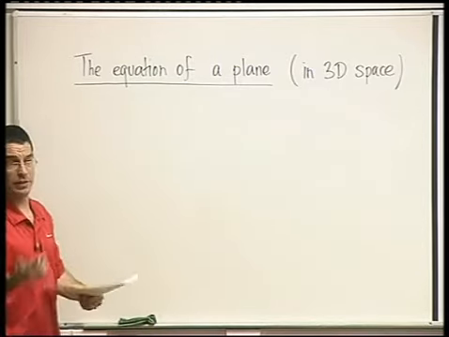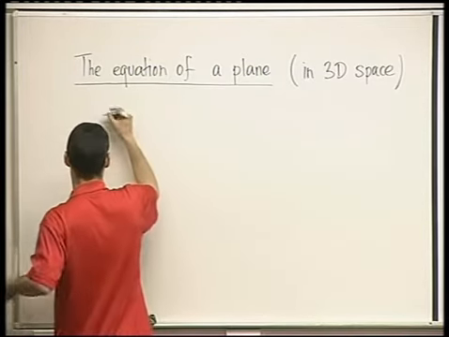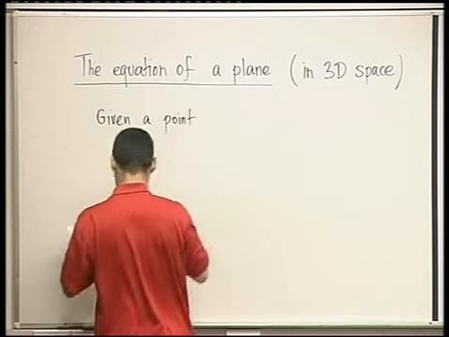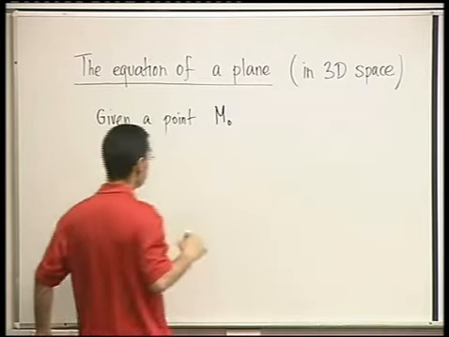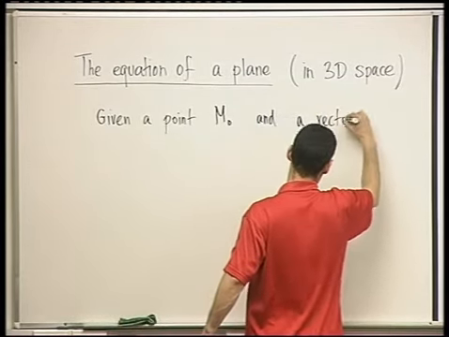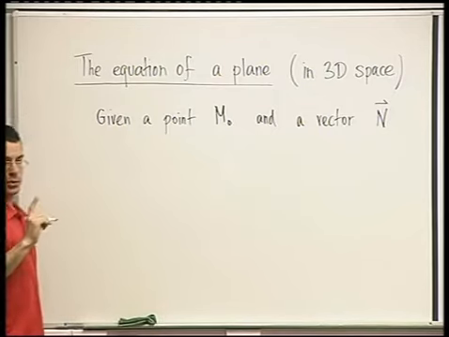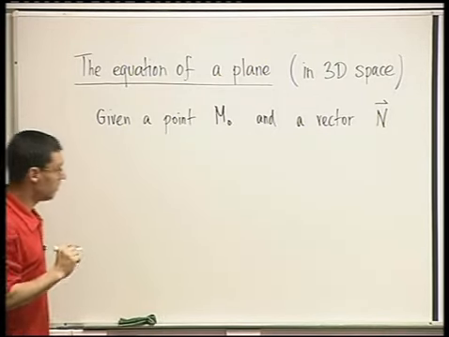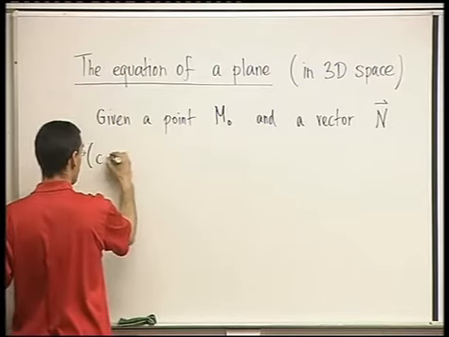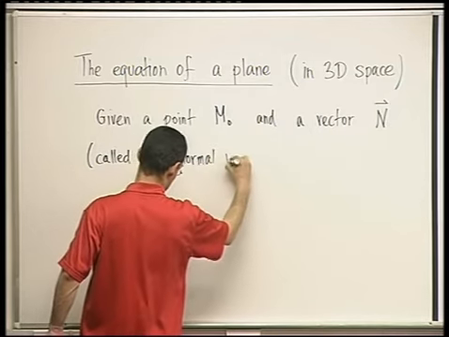Now I want to somehow express it in a way that we can derive an equation. Okay, that's what we're going to do. So, given a point in 3D space, we're going to call it M naught, M0, and a vector, which we're going to call N, capital N. Usually we use lowercase letters for vectors, but here we're going to use an uppercase letter and a specific one, N, and it even has a name called the normal vector.